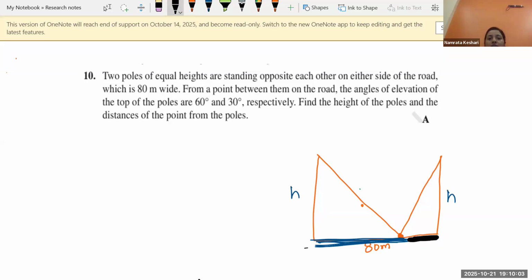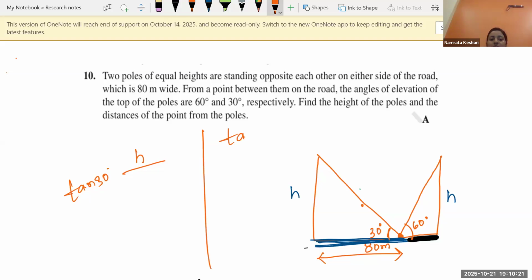So while marking 30° and 60°, I must mark this one as 30 and this one as 60. Let me show you why. Suppose this is h by something. We know tan 30 is smaller than tan 60, right?